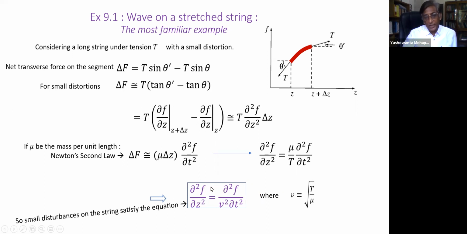We can generalize that for all such waves, especially in one dimension. So the general one-dimensional wave equation. We have already seen it in the case of the string, but this will be a lot more general.